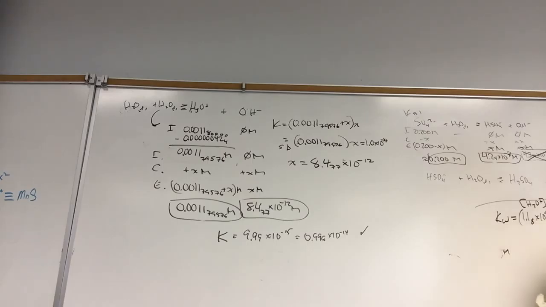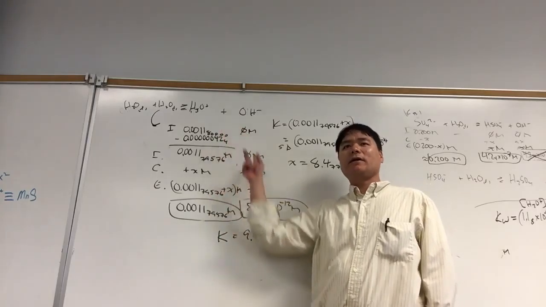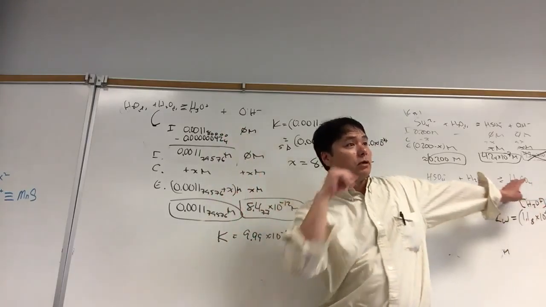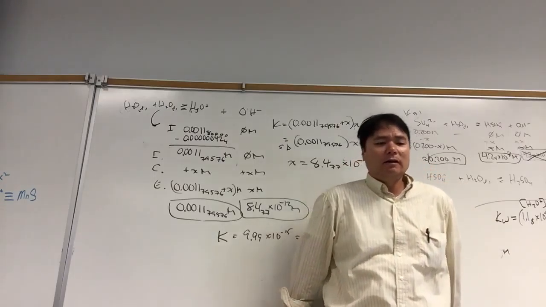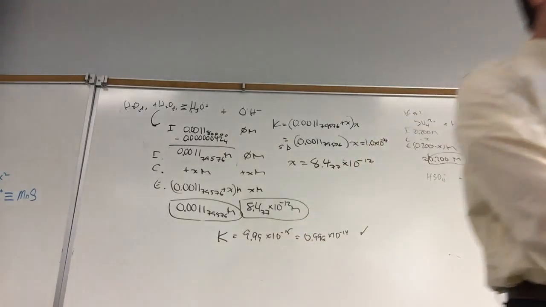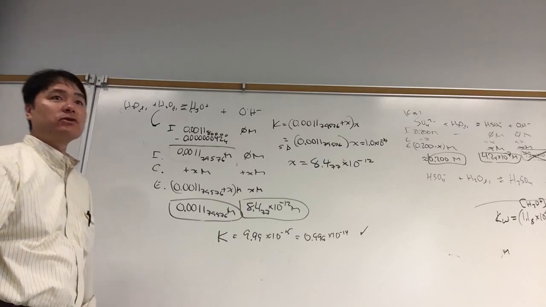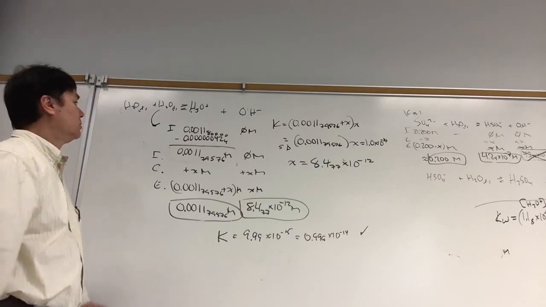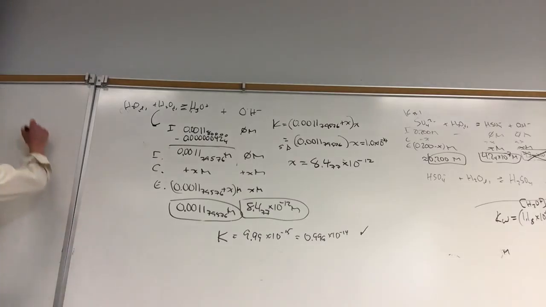Just because these two are okay stepwise, can you ignore this one? Well, I shouldn't say no, because there are certain scenarios where you can ignore one equilibrium because the K is so small. The classic example of that is hydroxide.